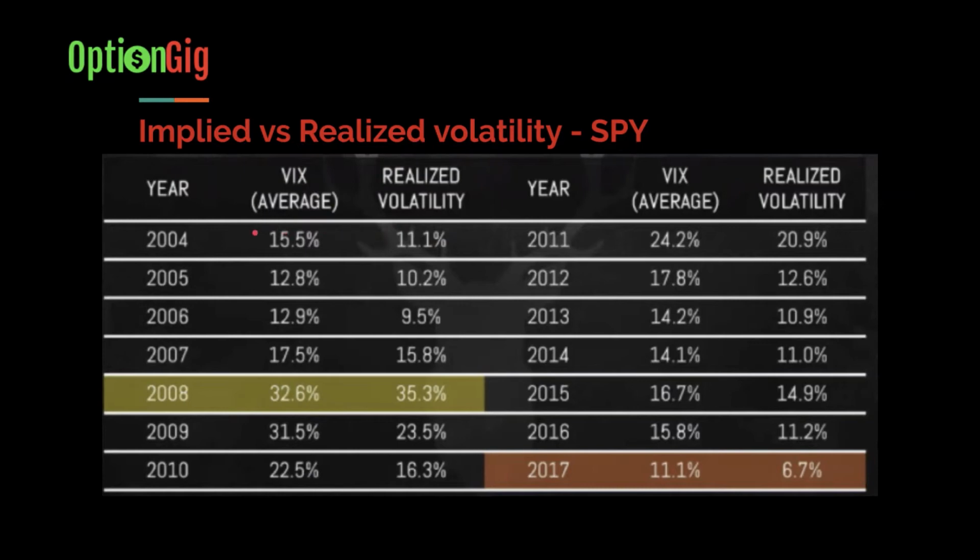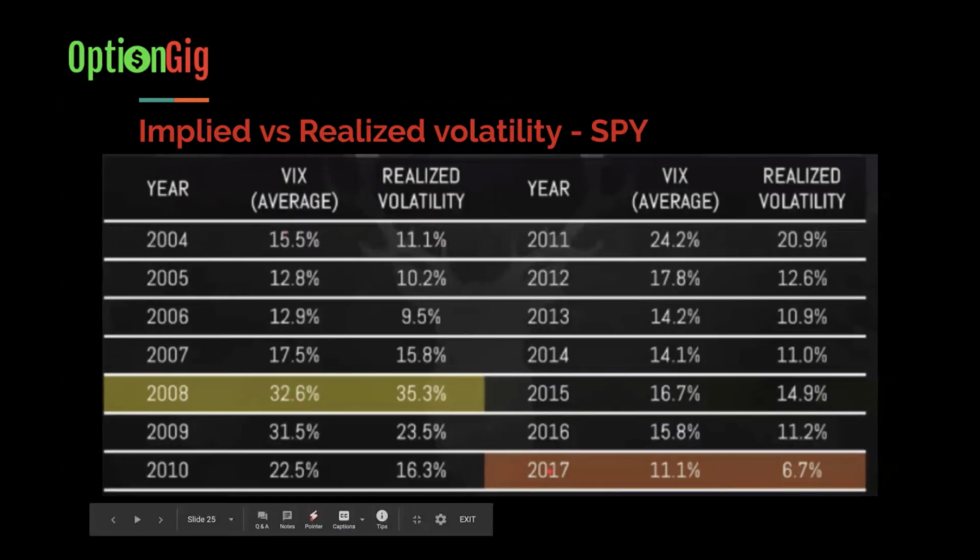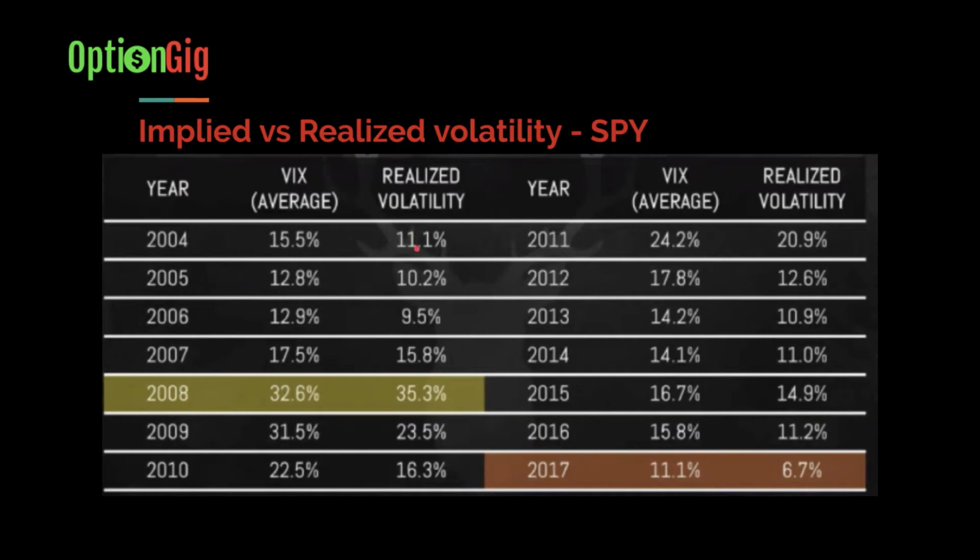Over the 13-year period, there are only 2 years in which the realized volatility, meaning the actual movement of SPY, was higher than what people thought it would be. In all the other cases, people thought that the stock would move a lot more than it actually moved.